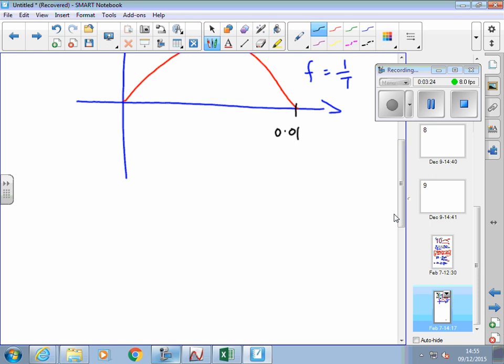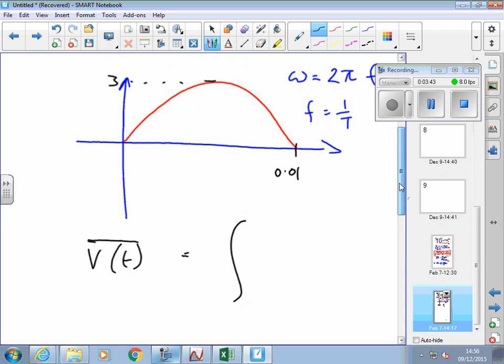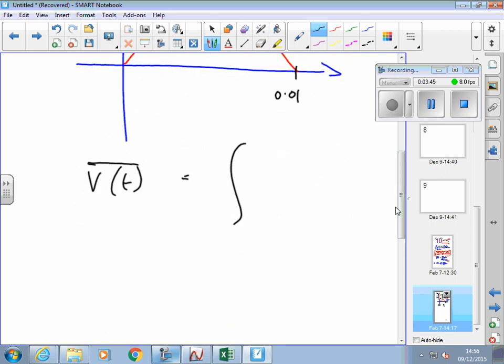But how do I write it? I'm going to find the average. The average voltage, note the bar for average, is going to equal the integral of the function, which is 3 sine 100 pi t with respect to t.